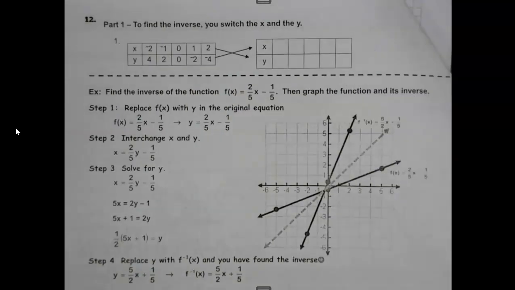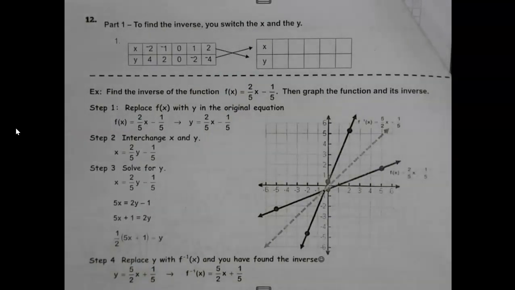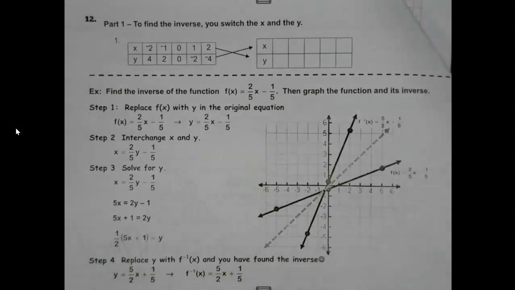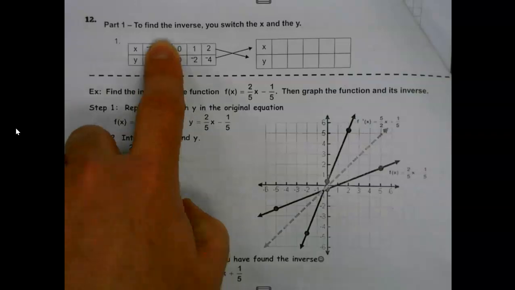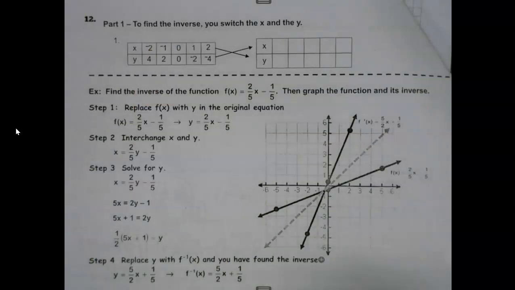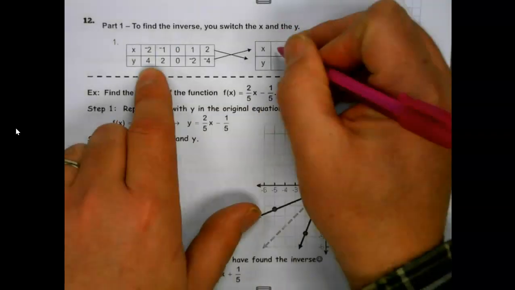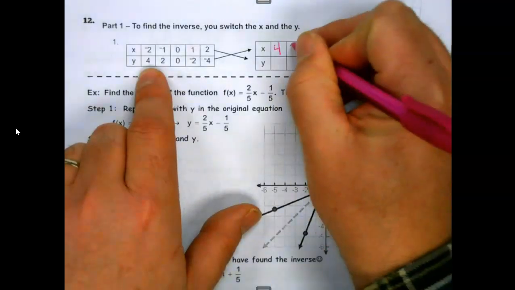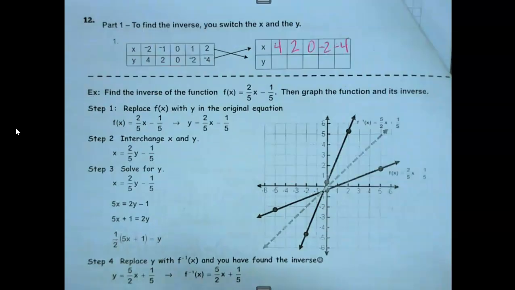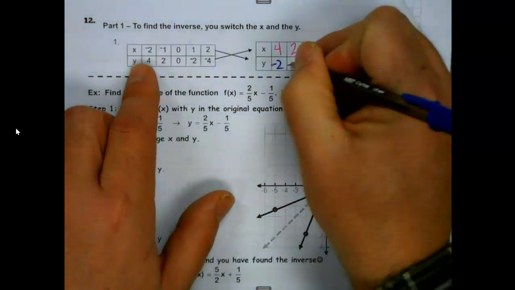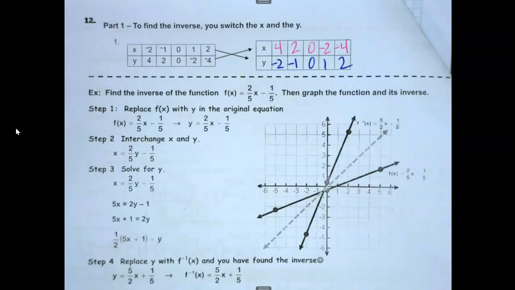Part 1. You're going to wish they were all part 1. To find the inverse, you switch the x and y. So if you have a chart, if you are given coordinate points, because that's where these are really, -2, 4, -1, 2, they're coordinate points. You're literally just going to take the y's and they become your x's, and your x's become your y's.